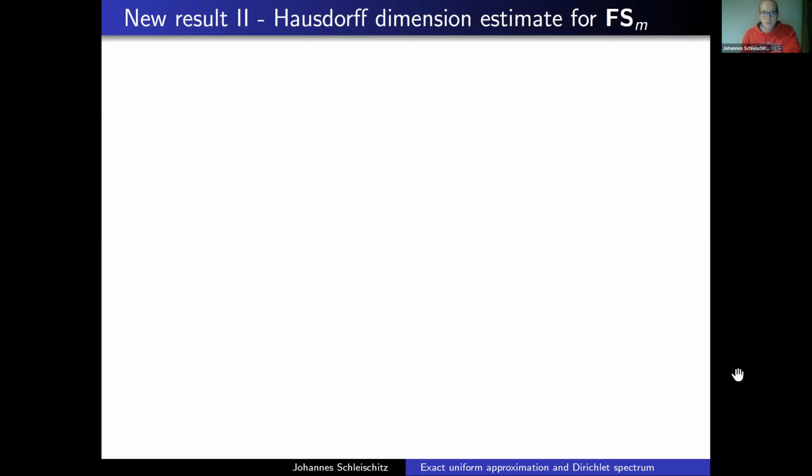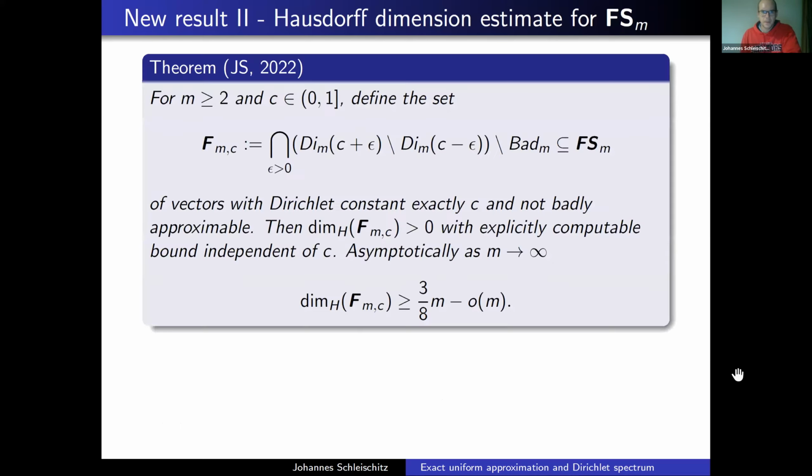The second result is now I come to Hausdorff dimension, which is more widely used. This set is rather similar to what I had before. Again, I take the set of numbers with exact Dirichlet constant C that are not badly approximable.